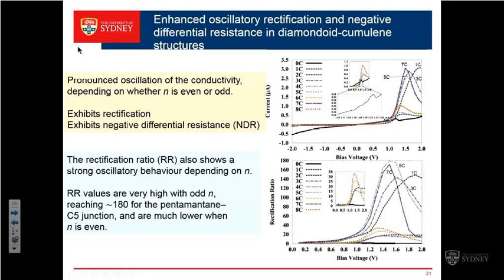A small current for the even numbers of cumulene atoms, and a large current and a negative differential resistance, which means this peak doesn't keep going up, it's bending over. So really some very varied and interesting behavior in these kinds of systems.